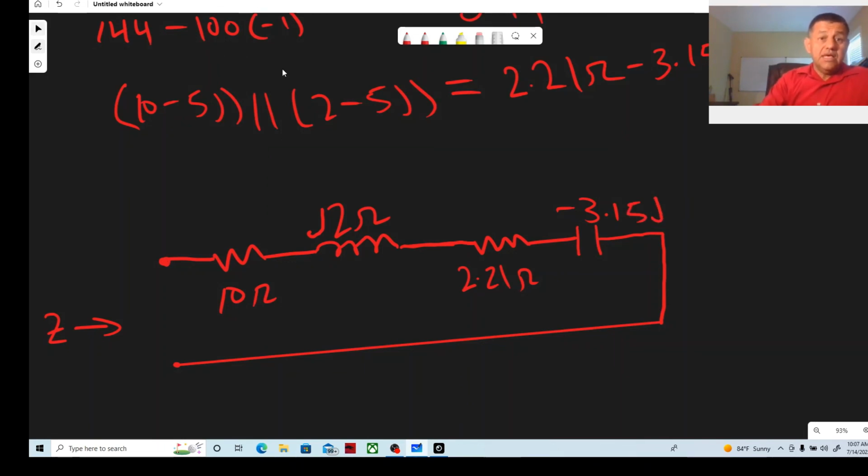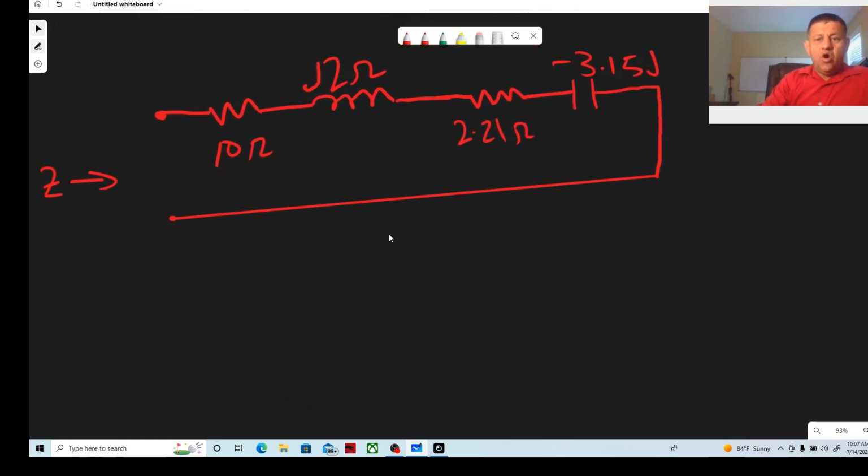Now, all we have to do right now is add these values: this resistor, this capacitor, and this inductor, right? So when I add that, I get Z equal to 12, actually 12 ohms even.